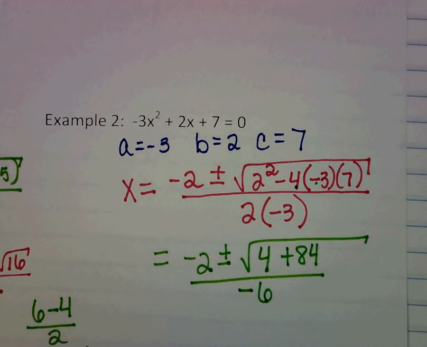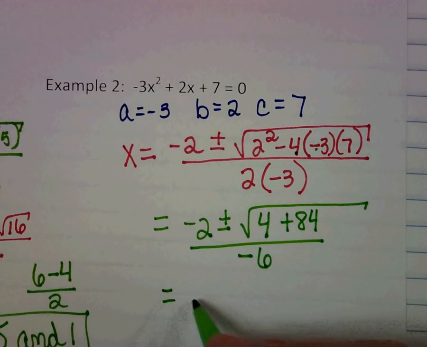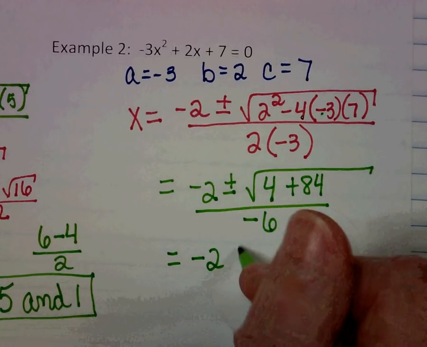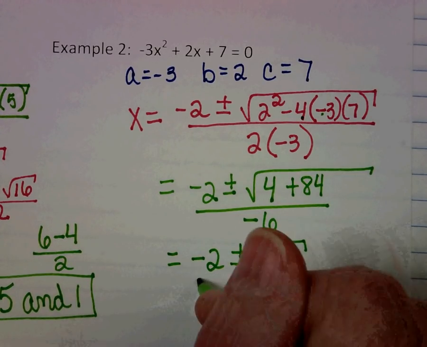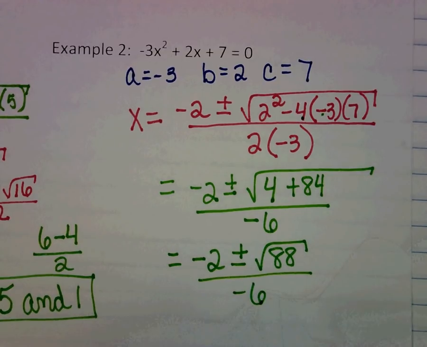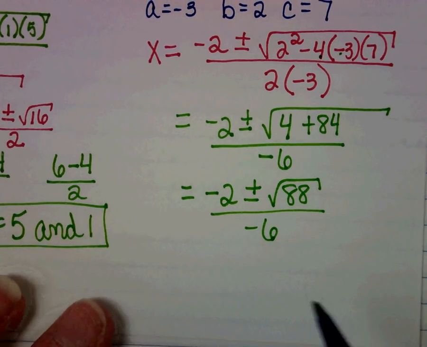So see, I'm still using my own brain. You can use your calculator to help, but there's no reason why you can't do this with your own brain at this point. 4 plus 84 is 88, divided by -6. Okay, so now at this point, 88 is not a perfect square.